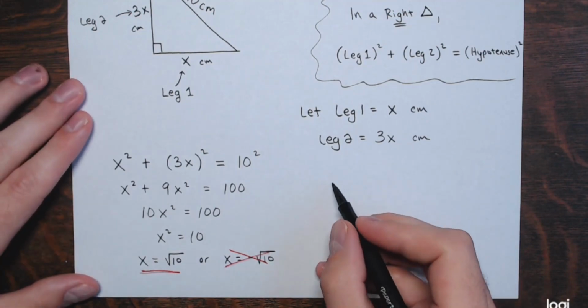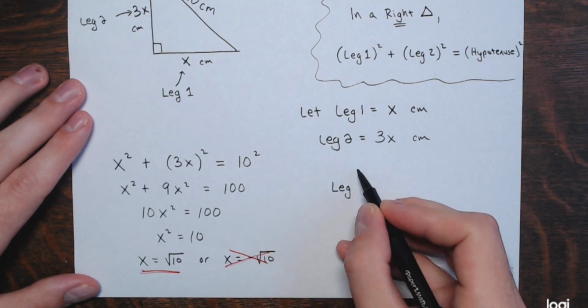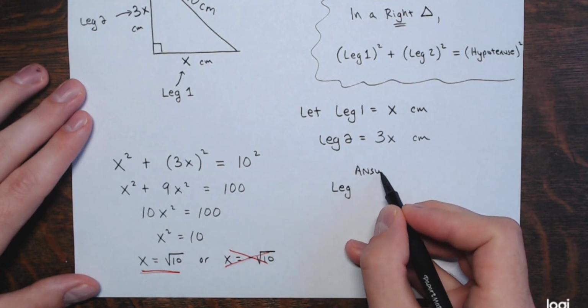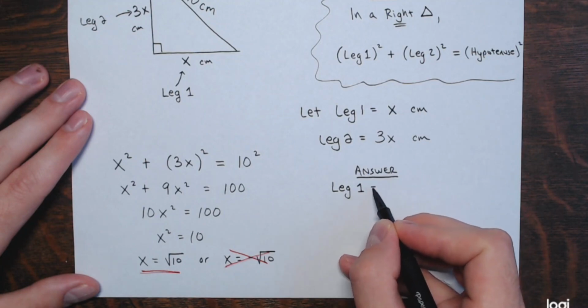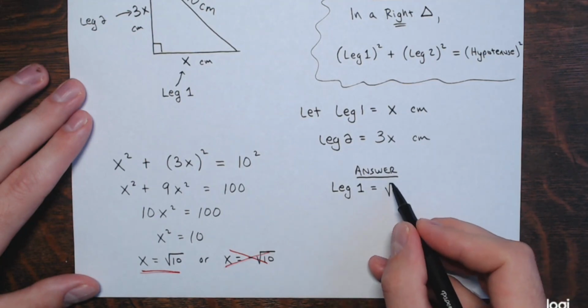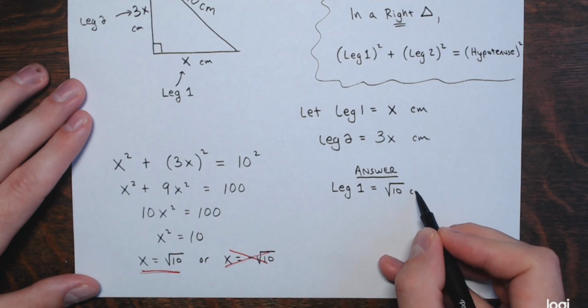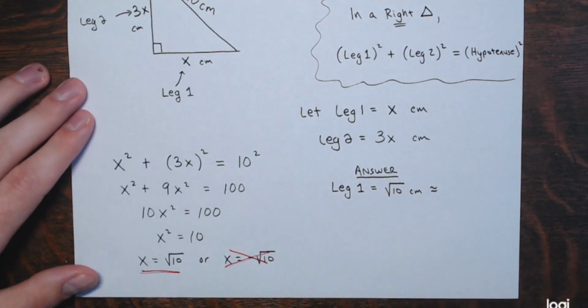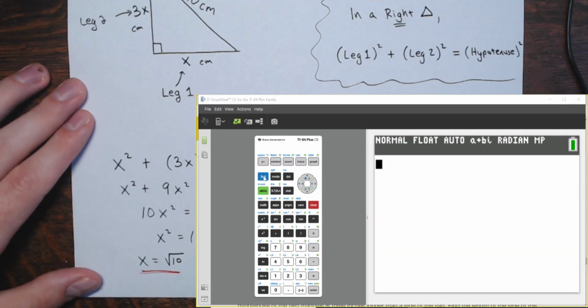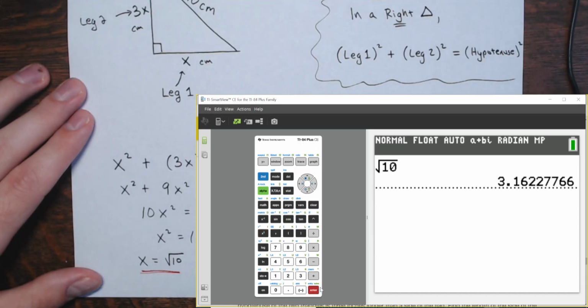All right, so leg 1. So here's the answer. One of these legs, leg 1, has a length of the square root of 10 centimeters, which they asked us to round to the nearest tenth. So I'll pull up a calculator. All right, the square root of 10 is approximately 3.2, if I round to the nearest tenth.